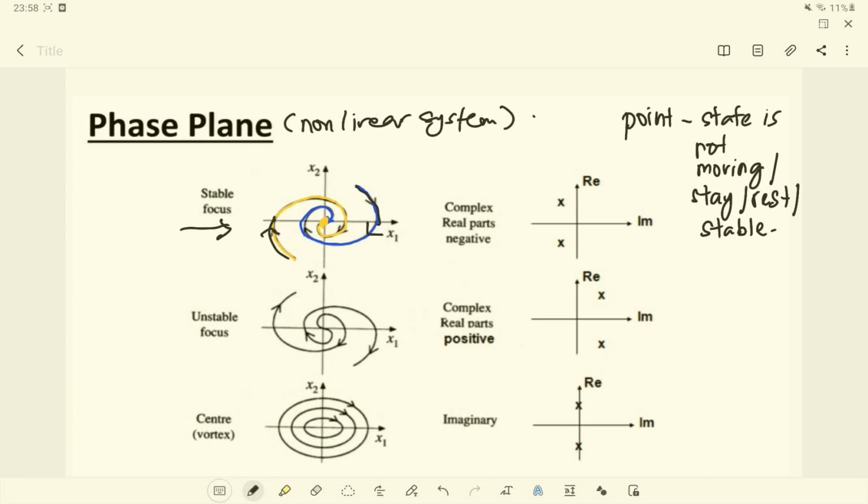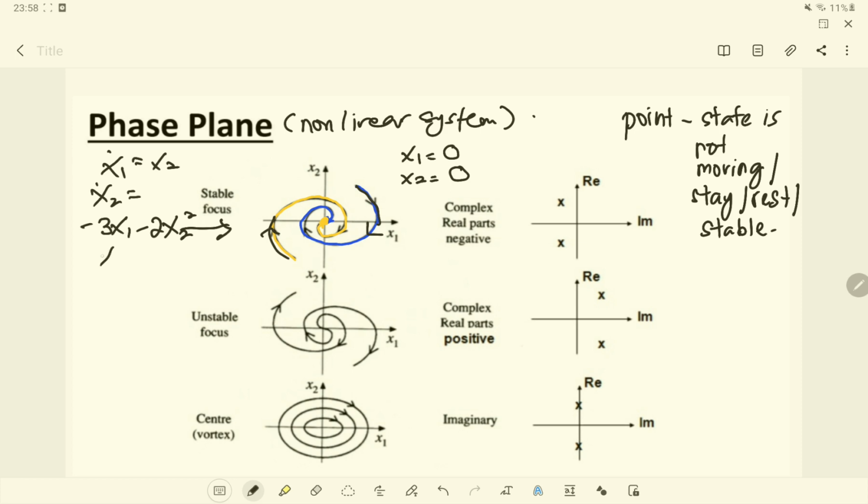So the last point is x1 equal to 0 and x2 equal to 0. Let's say if you have one equation, for example, x1 dot equal to x2, x2 dot equal to negative 3x1 minus 2x2 squared.